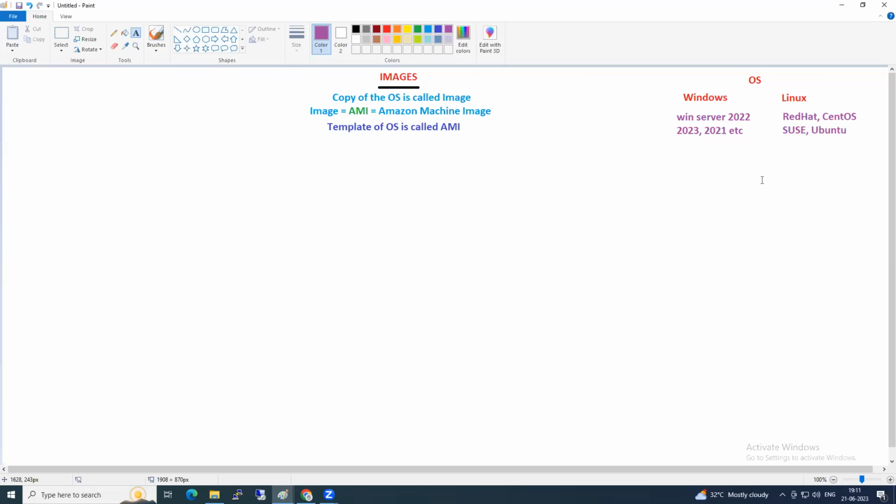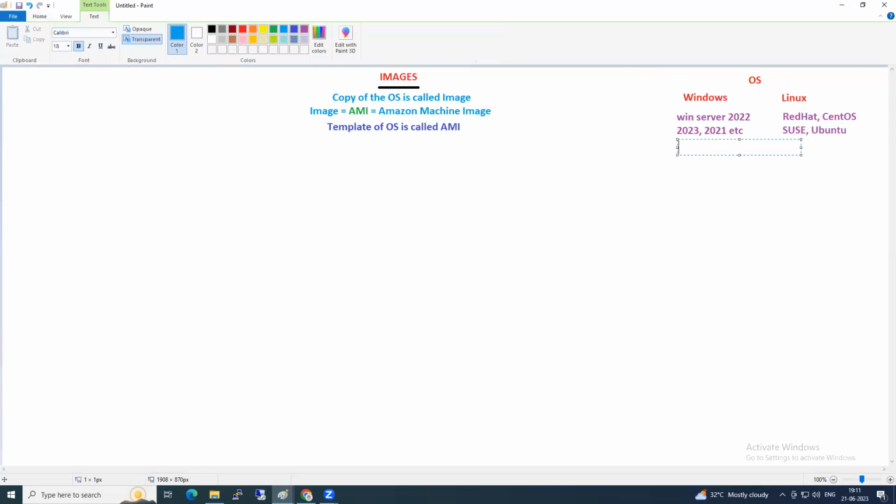Yes or no? Can AWS provide a Linux machine with Jenkins installed inside? Can it provide only the Linux operating system? Yes. Only the Windows Server operating system? Yes. Can it also provide a Windows Server with SQL Server installed? Yes. So it will provide plain OS and also OS with applications.